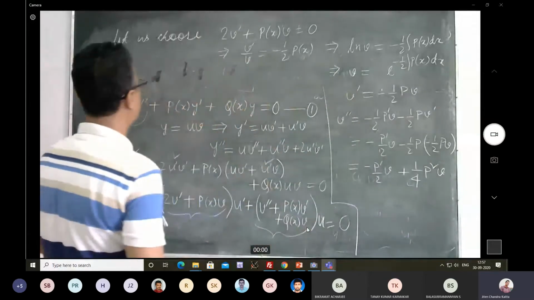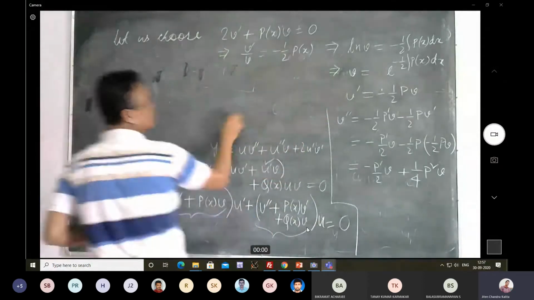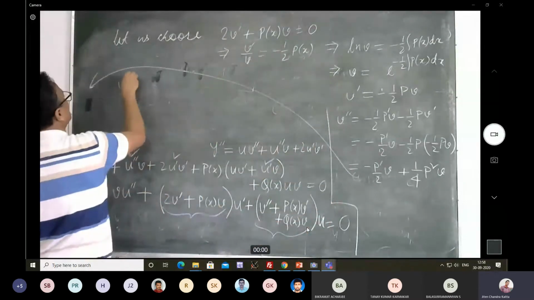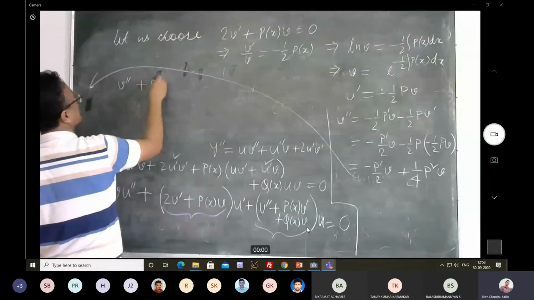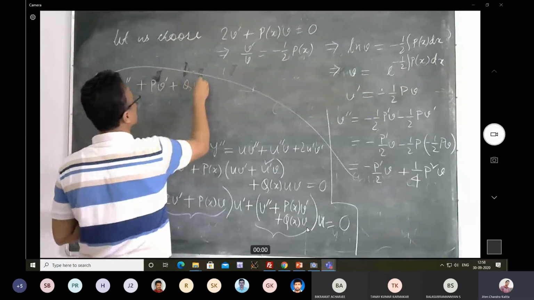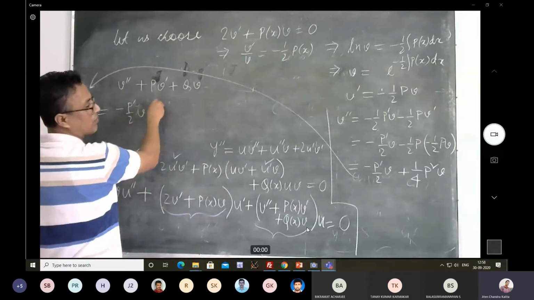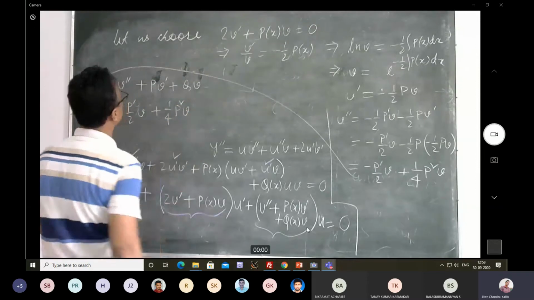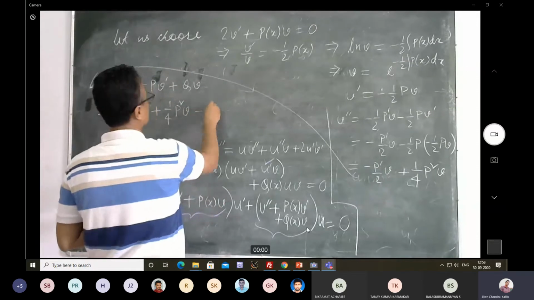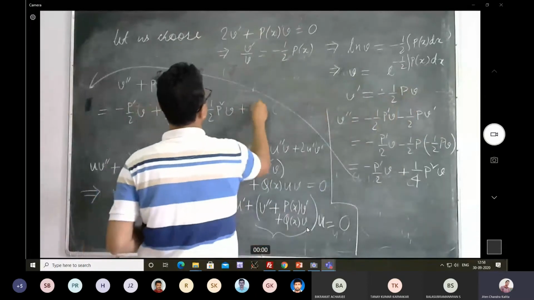So I'm concentrating on this term: v double prime plus p v prime plus q v. v double prime was minus half p prime v plus 1 by 4 p square v, and p v prime is going to be equal to minus half p square v, because v prime is minus half p v, and then plus q v.